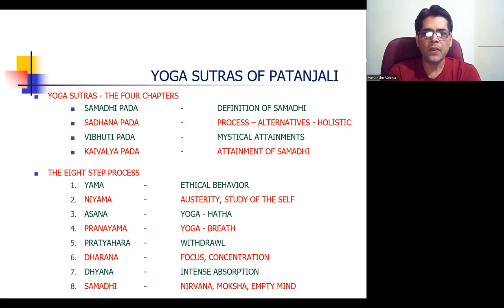And therefore, we will see in this chapter that Sage Patanjali gives various definitions of different types of inner states, rare states, peak states, which go under the name of Samadhi.